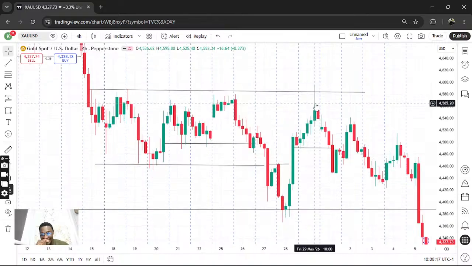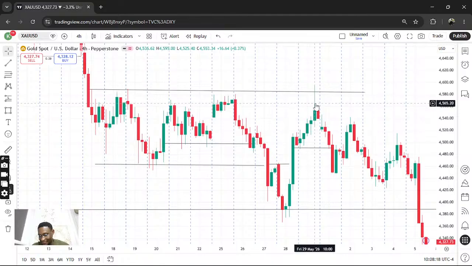But this is the temptation. This is what made many people believe that gold will be bullish. Why? Look at this. Gold broke this structure downwards. Okay, gold is ranging, and at this point, it broke the structure downwards. Remember, it is trading in another block.